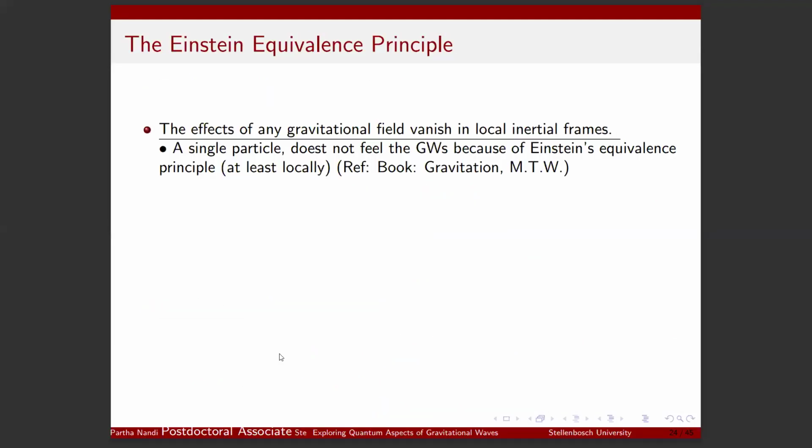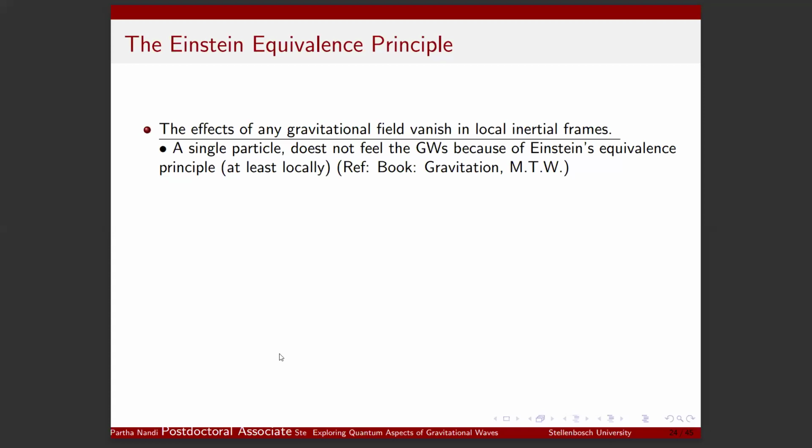So now let us point out an important concept of Einstein's general theory of relativity, which is called the Einstein equivalence principle. This principle tells us the effect of any gravitational field can be absorbed by introducing the concept of a local inertial frame.